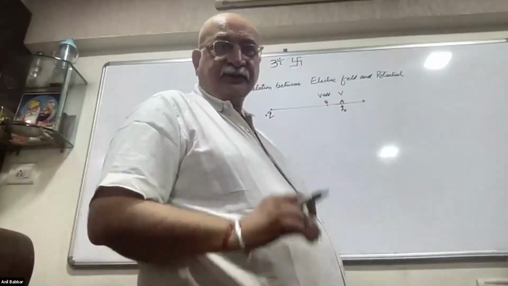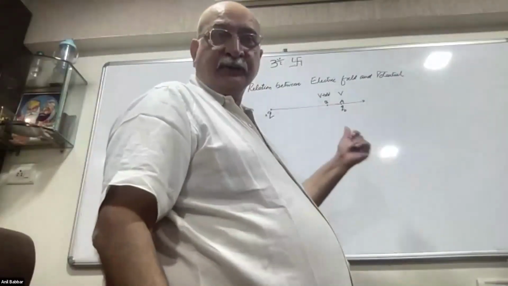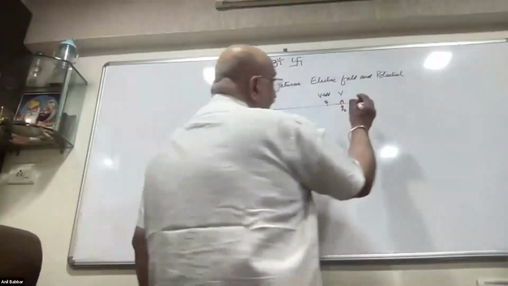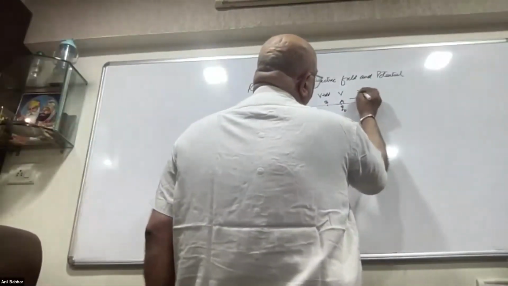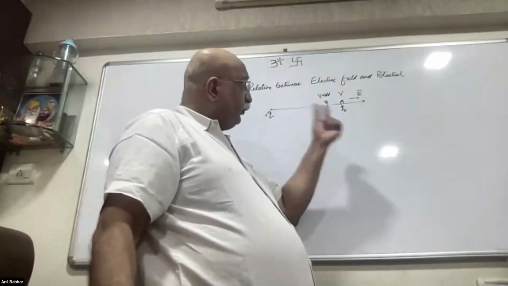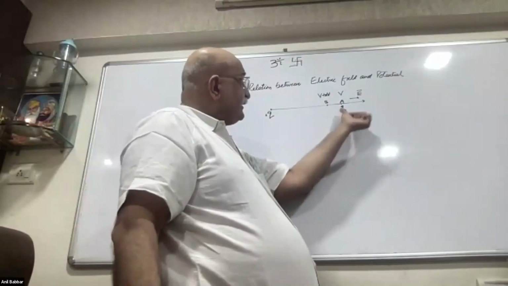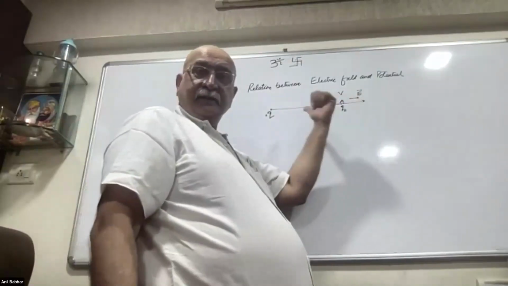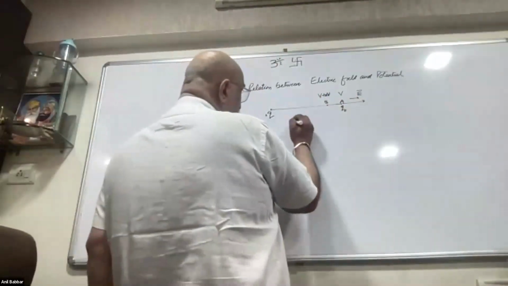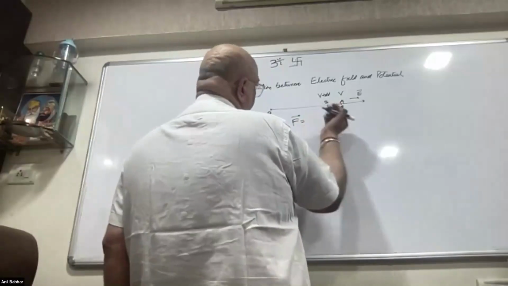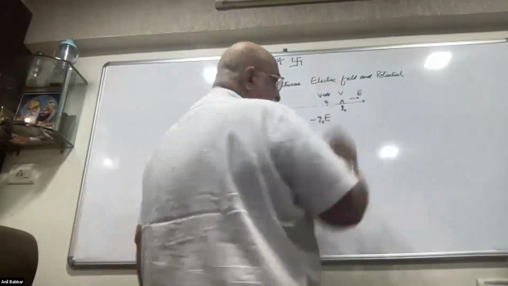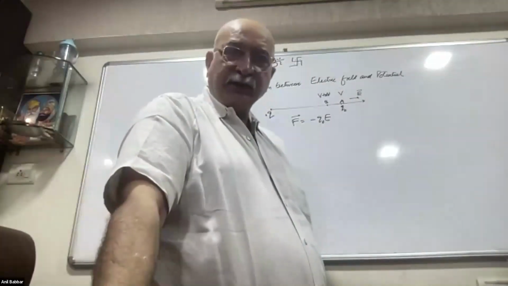Now the electric force which is required to move this test charge against the electric field. The electric field is in this direction, so the force required to move this test charge against the electric field, say towards the source charge, is equal to minus Q naught E. E is the electric field, Q naught is the test charge.